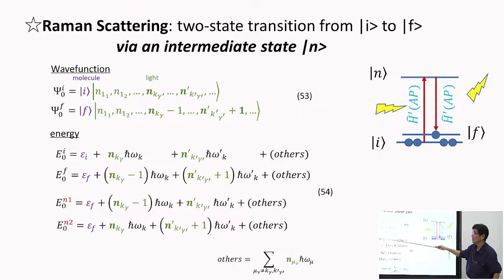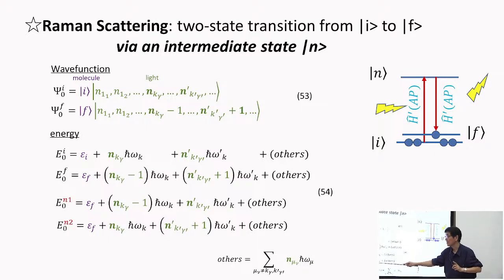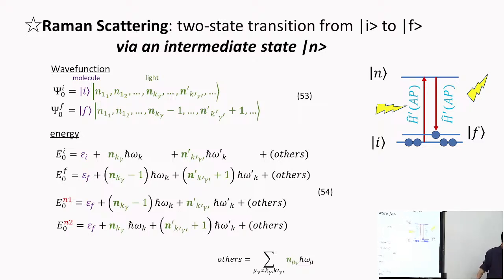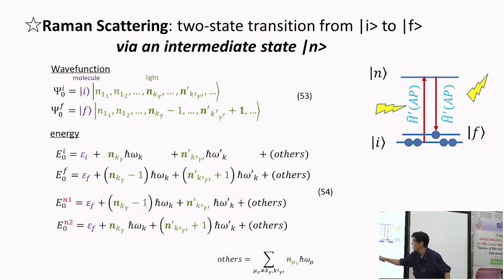So minus, plus. This is the first pathway. When we consider N2, we can think about the possibility that in the first step from initial to N2, the photon number increases by 1. Then during the transition from N2 to F, the other decreases by 1.